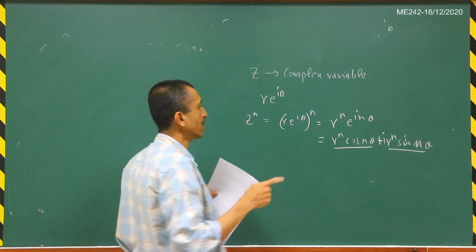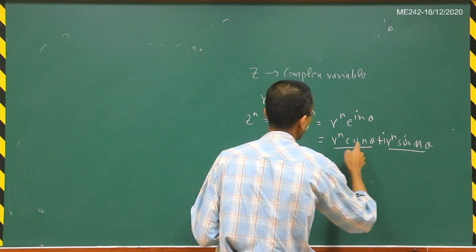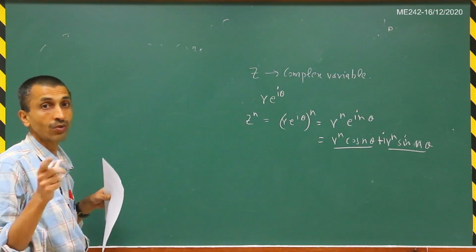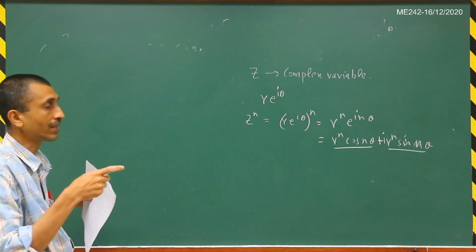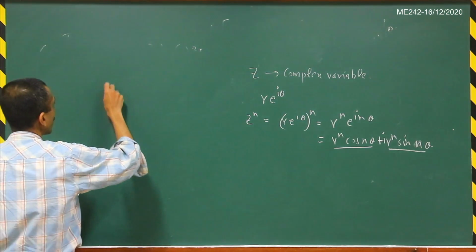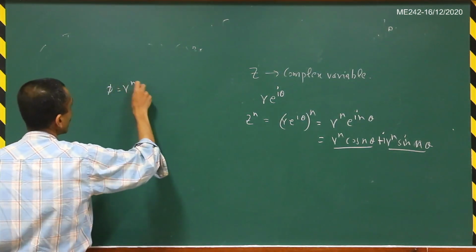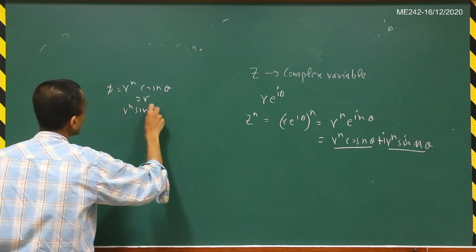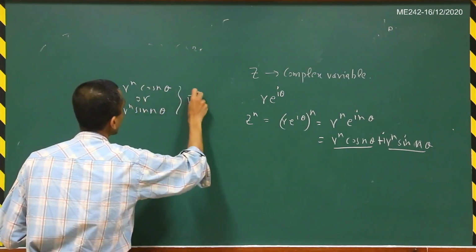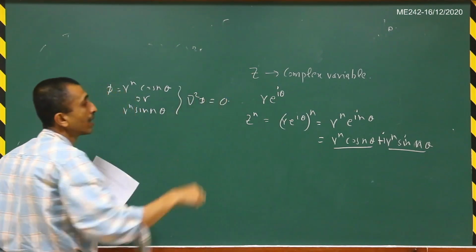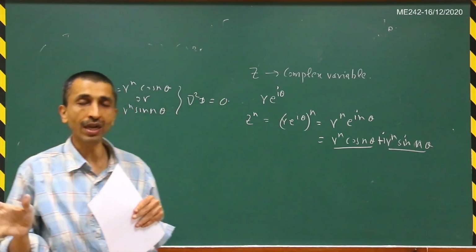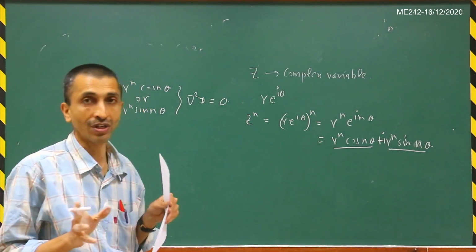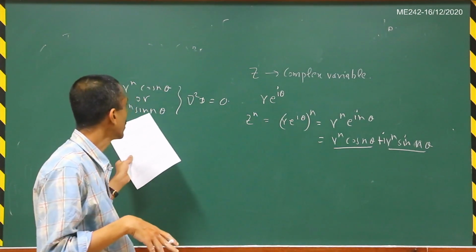So here these r raised to n cos n theta and r raised to n sin n theta automatically will satisfy del square phi equal to 0. Suppose I take phi to be r to the n cos n theta or r to the n sin n theta, then del square phi is equal to 0. Right? So these are harmonic functions, right? So the real and the imaginary parts of any complex valued analytic function are automatically harmonic, correct?